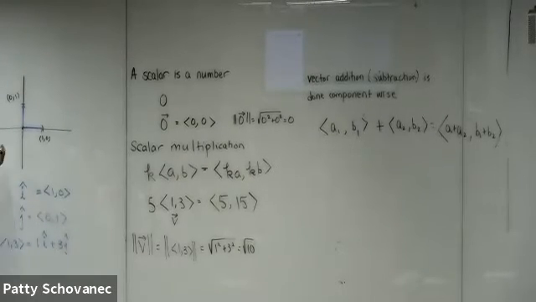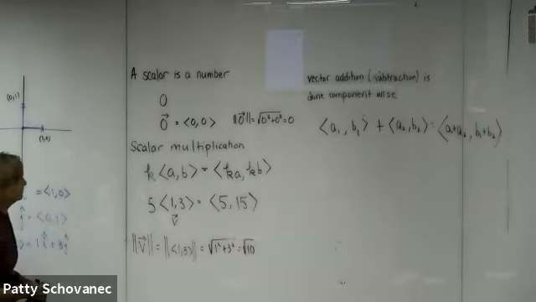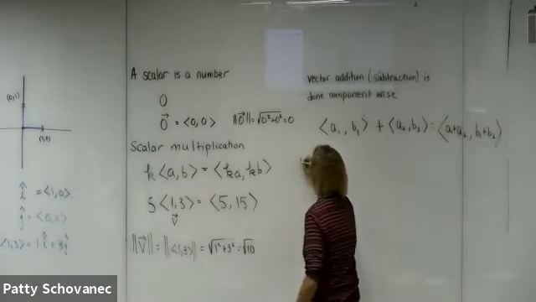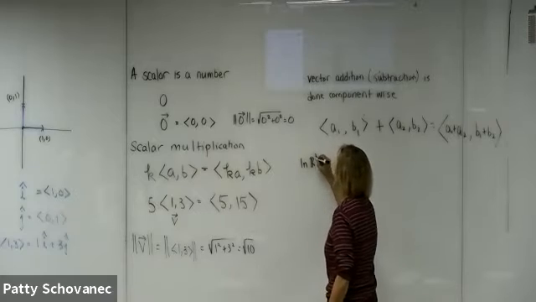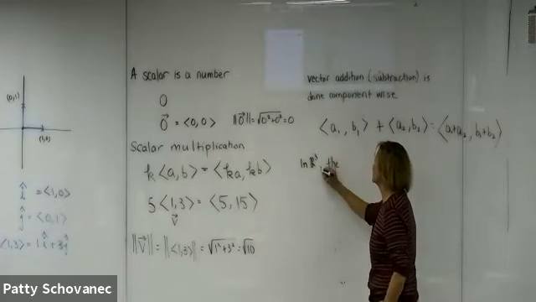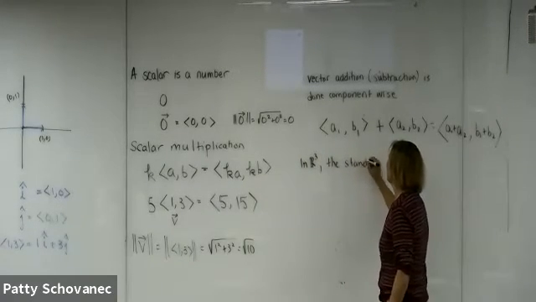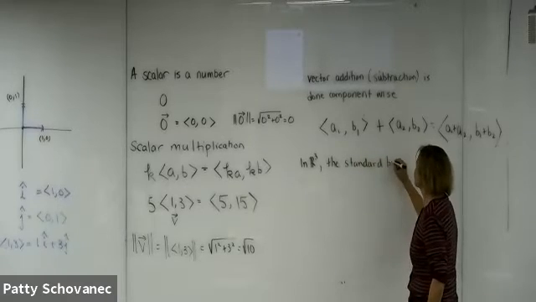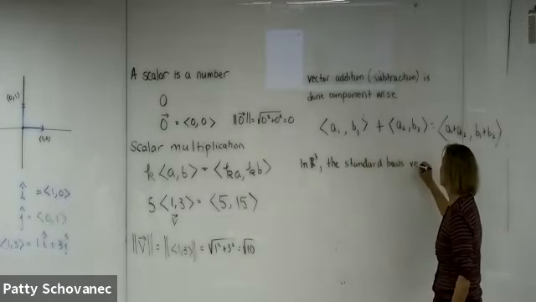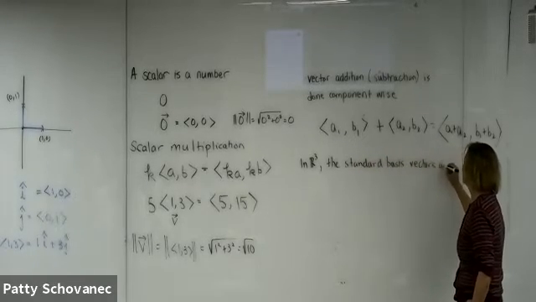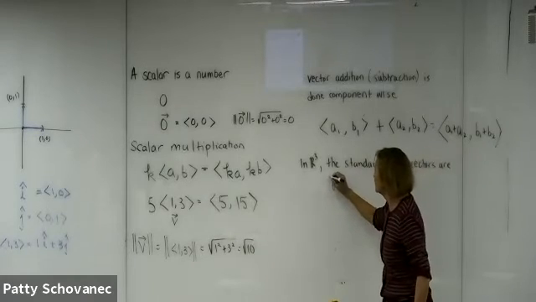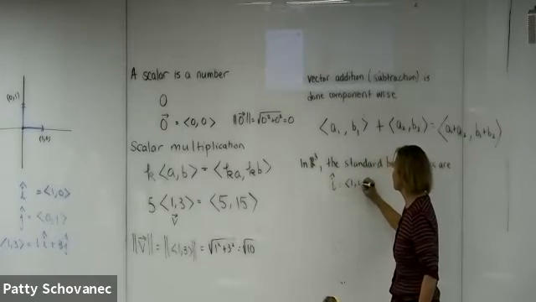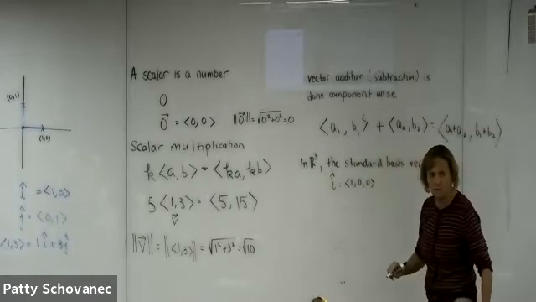In 3 dimensions, if this is the z-axis, then the standard basis elements in 3 dimensions would be the I, J, and K vectors. So in R3, the standard basis vectors are I, which looks like the vector that has a 1 in the first slot, zeros elsewhere.